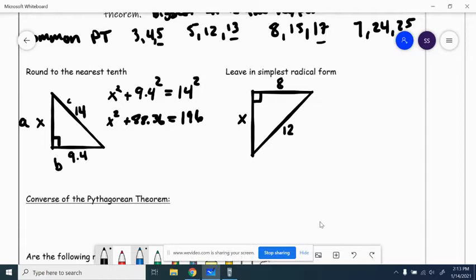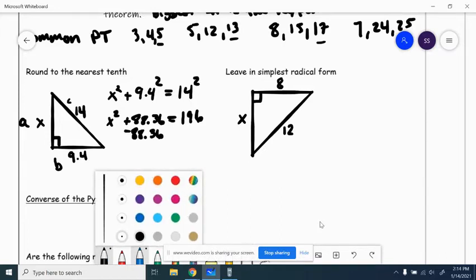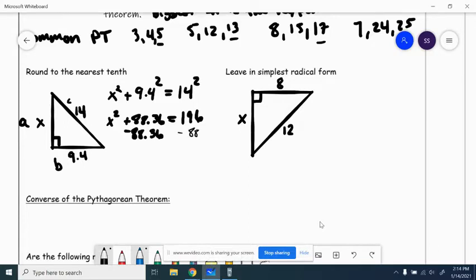All right, so I need to solve for x here. I want to isolate x, so I'm going to subtract 88.36 on both sides. All right, and I'm left with x squared is equal to 107.64.